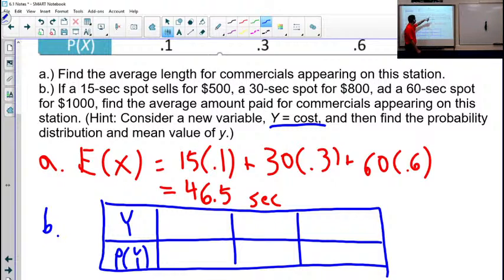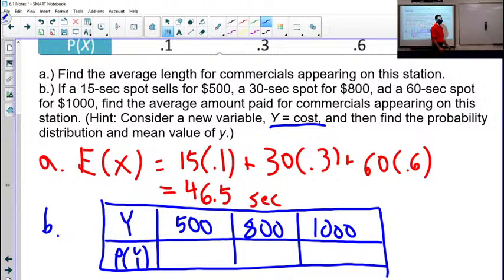We have 500, 800, and 1,000. And what is the probability of 500? 0.1, because it still hasn't changed from the 15-second spot. We still have 10% of the 15 seconds. So it's still 0.1. This is still 0.3. This is still 0.6. Those values haven't changed.